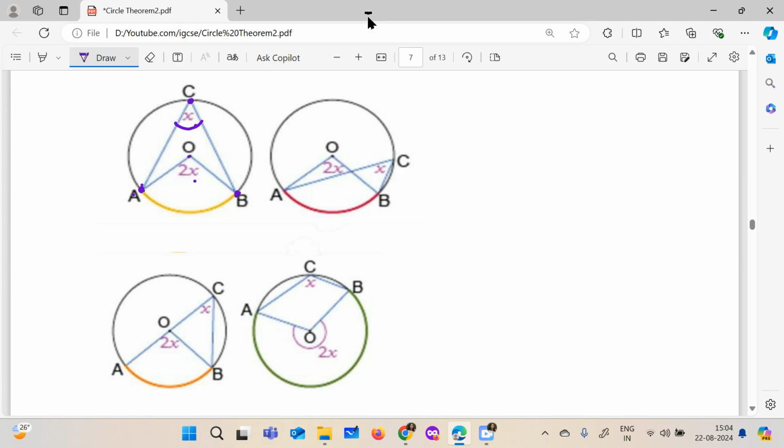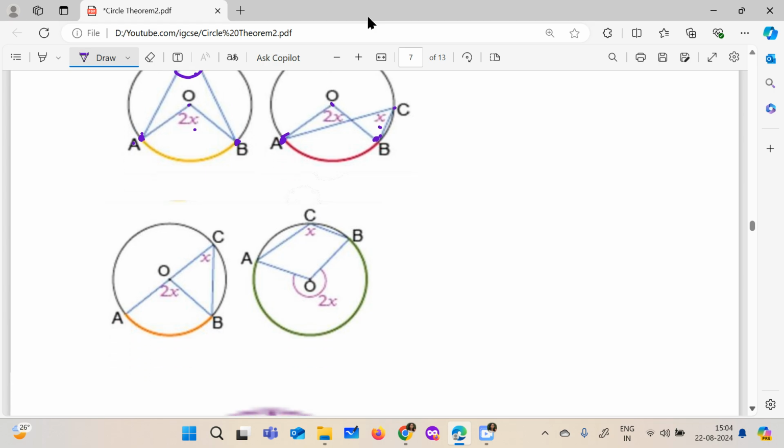Got it? The same thing can be shown like this also. From points A and B we have the angle at the center like this, and from the same points we have the angle at the circumference here like this. So the angle on the circumference is x, the angle at the center is 2x. Clear? Now there are two more cases.